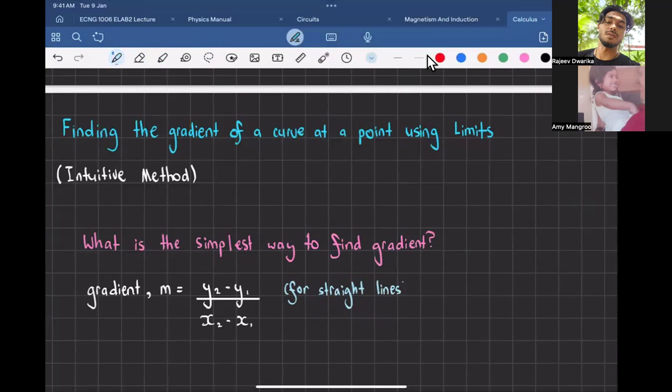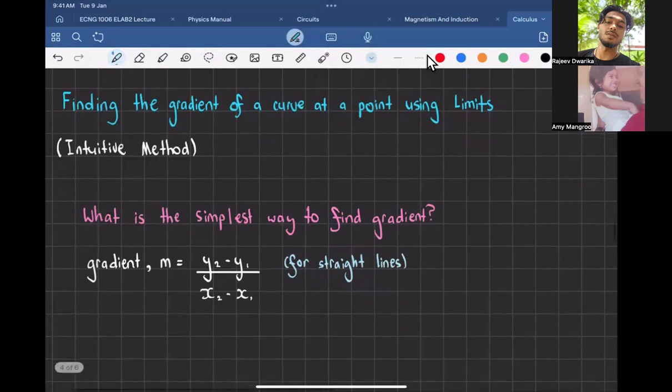So when you use this formula, you're finding gradient, and gradient refers to the steepness. If you have a line, then the degree of steepness is the same. Imagine you have a straight line like this, and no matter where you read the angle, the angle would always be the same. The angle of steepness is the same.